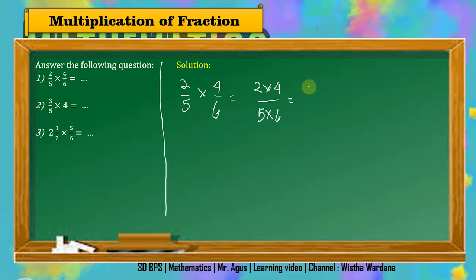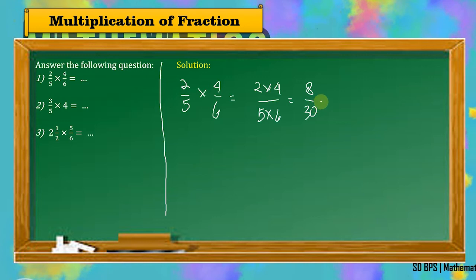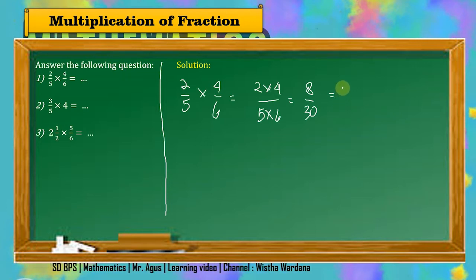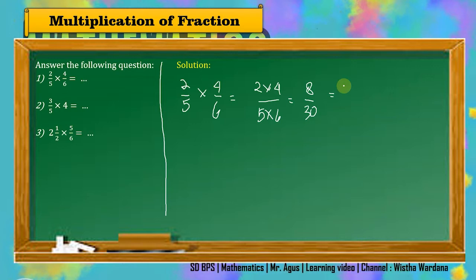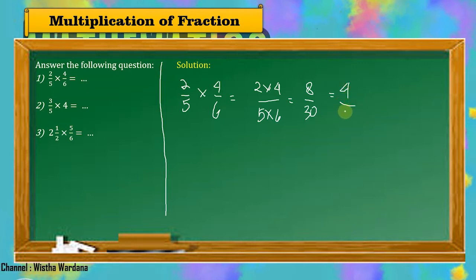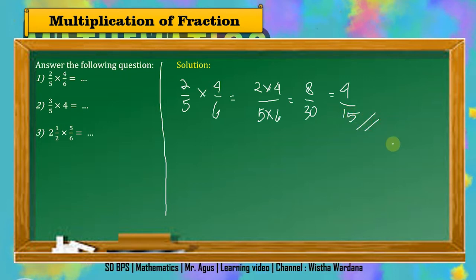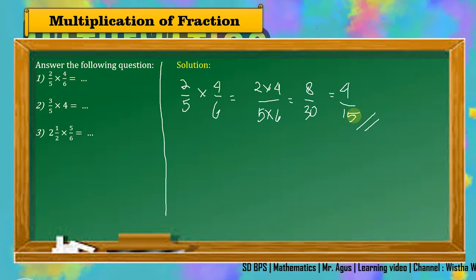So the answer is 8 per 30, and then you can simplify the answer by dividing both of them by 2. So 8 divided by 2 equals 4 and 30 divided by 2 equals 15. So the simple answer is 4 per 15.